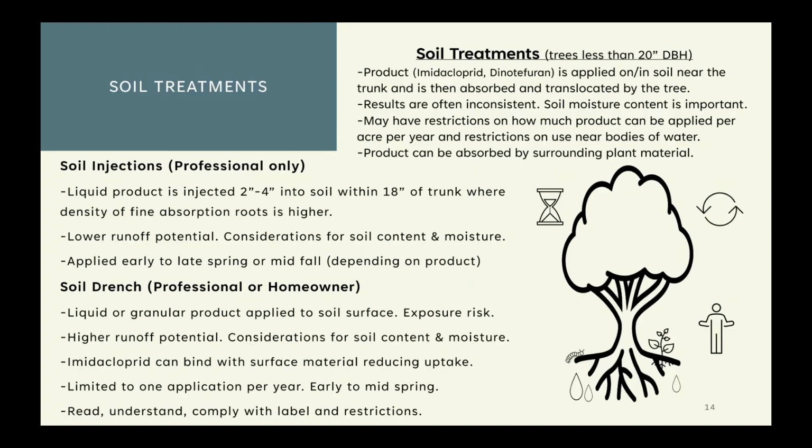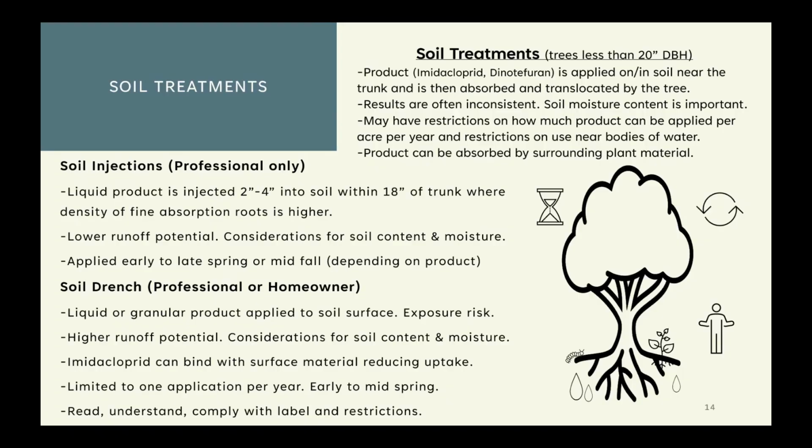Soil treatments, we talked about a couple of those options. The one being soil injections, which needs to be done by professionals only. And then a soil drench, which still can be provided by professionals, but it is the only homeowner option.